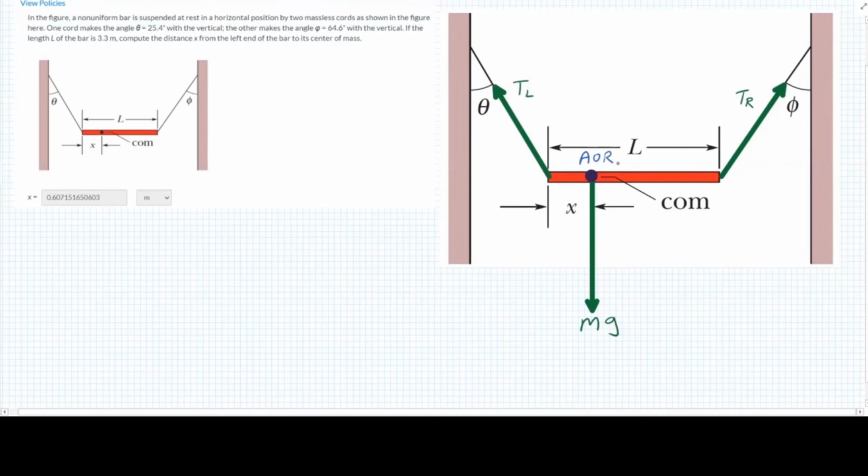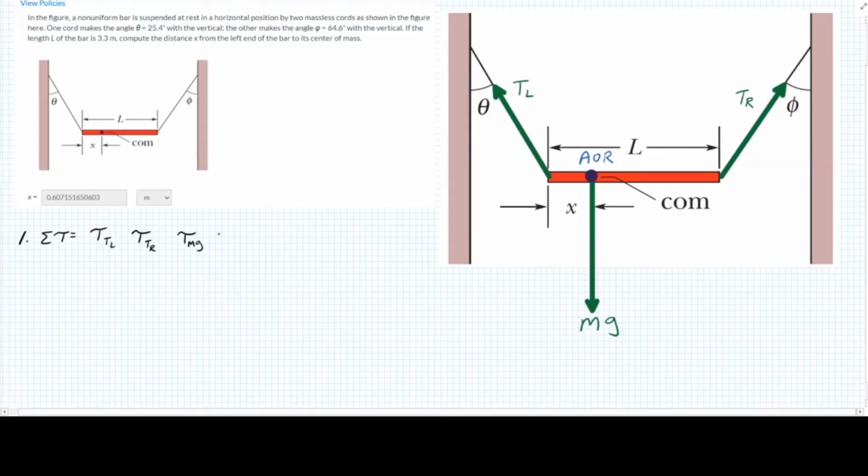The only thing I know is the torque about all AORs, any AOR I can conjure up, the torque has to be 0. So I'm just scratching my head. I can't see any reason not to use this. Maybe I will shortly, but let's do torque analysis. The sum of all torques: I have the torque due to the left side tension, the torque due to the right side tension, the torque due to mg.